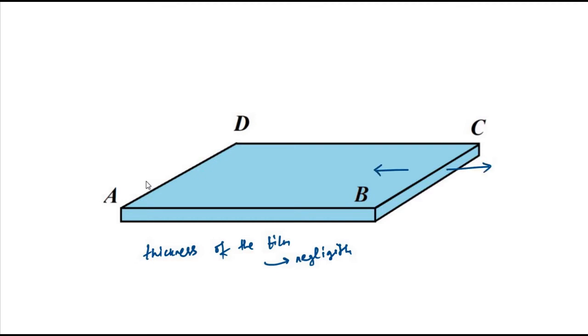So here, because of the surface tension of the soap solution, this free end BC moves to the left. It moves to the left because of the surface tension of the soap solution.